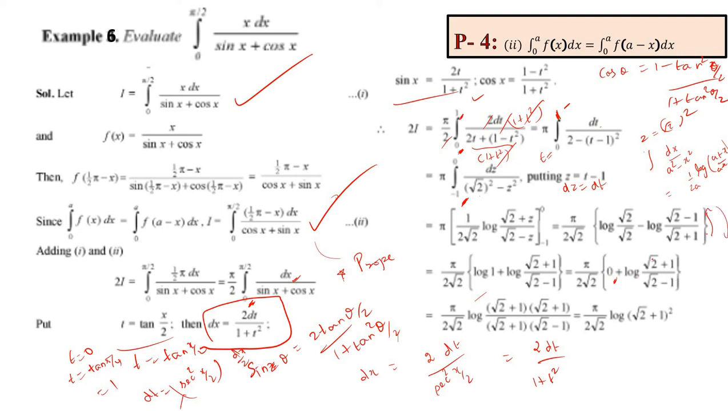So you have log of root 2 plus 1 by root 2 minus 1. Already pi by 2 root 2 is there. If you want to further simplify this, you can do further simplification. Otherwise, we can stop at this stage. If you're asked to show something that this has to be like this, otherwise we can even stop at this stage.